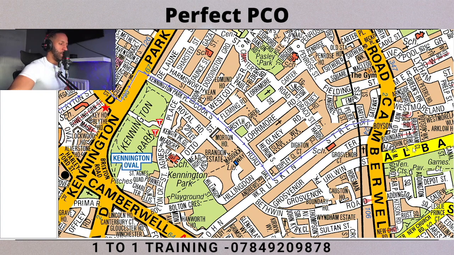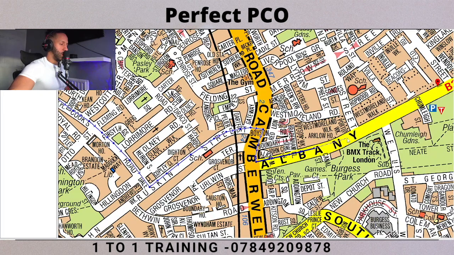Now the reason I'm doing this quite fast is because I'm going to go onto Google Maps now and show you that the route we just did on this map is not possible in real life.